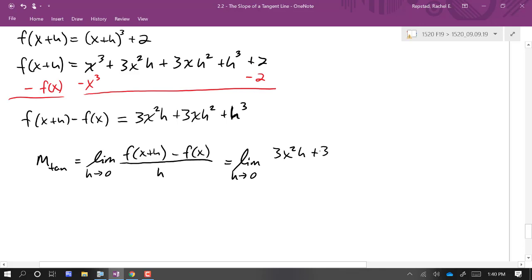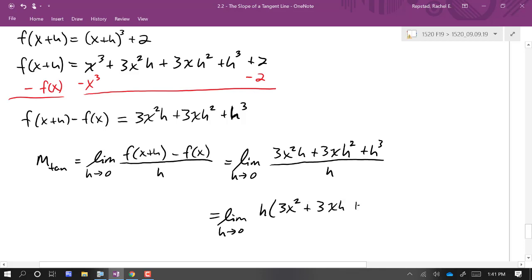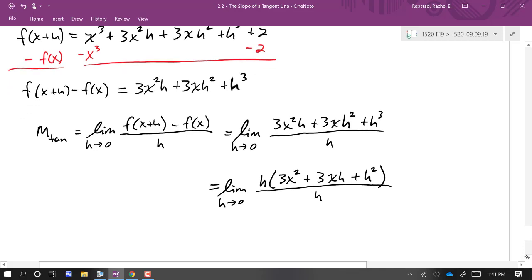I can't let h go to 0 because that makes us divide by 0. So what do we do? Let's factor out the h. And then we cancel.